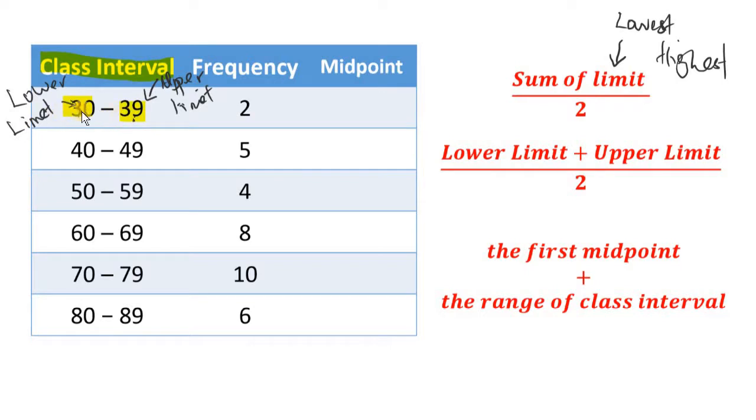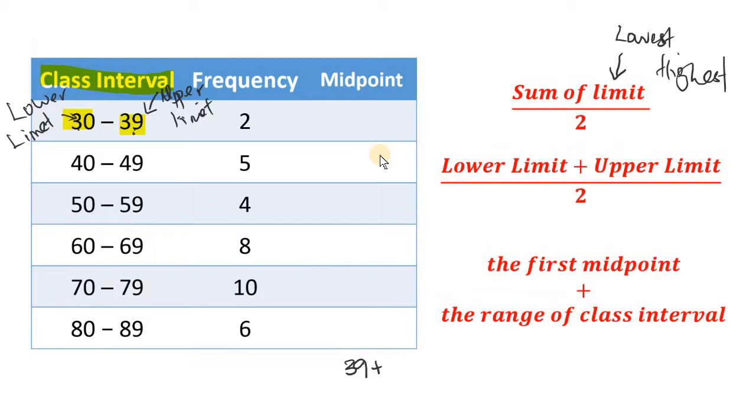Now for this one, we'll try to calculate the midpoint. That will give you 39 plus 30 over 2.